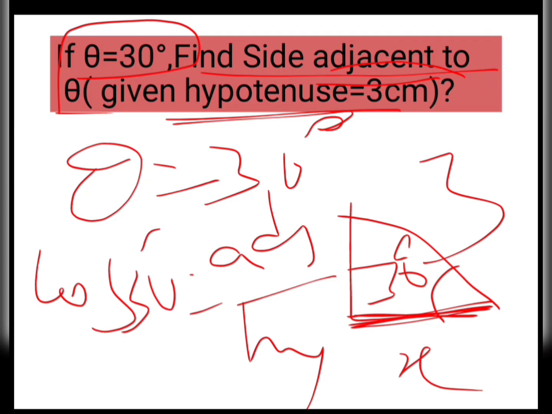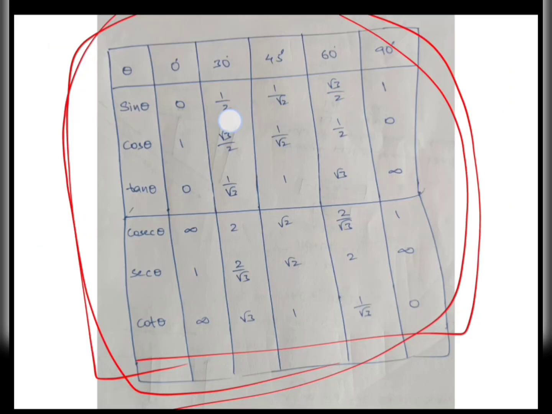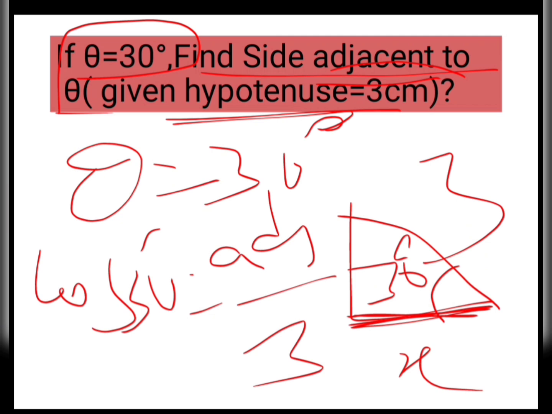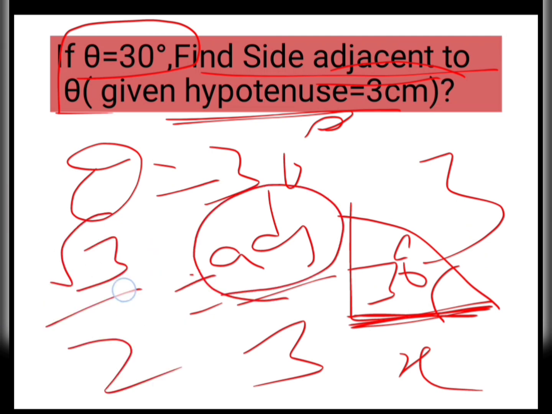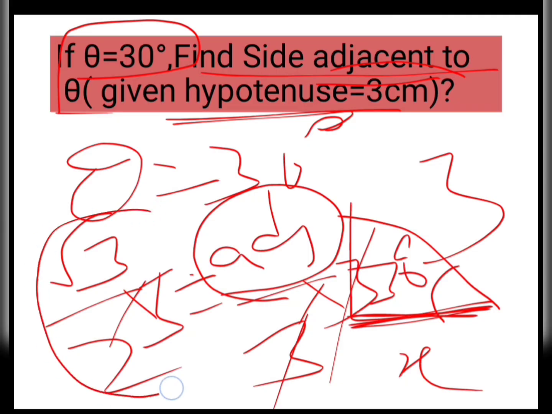Hypotenuse is 3 centimeters. We know from our previous table cos 30 degrees is root 3 by 2. When you multiply both sides with 3, this 3 gets cancelled. Adjacent side is equal to 3 root 3 by 2.